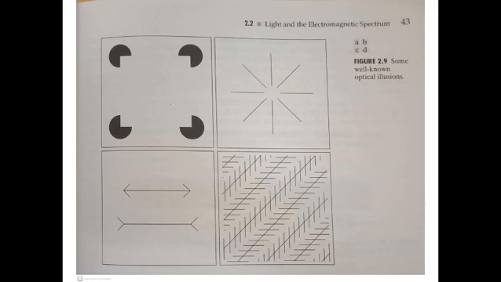If we look over here, there are four circles. Out of all the four circles, three-fourths of each circle is filled with dark or black, and the remaining part is left as it is.